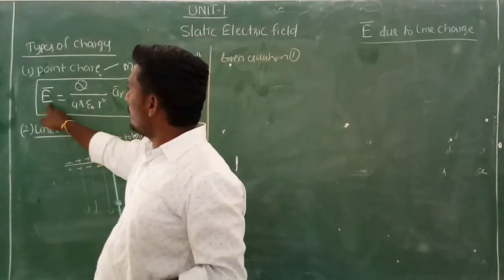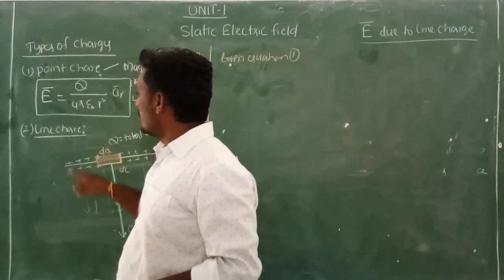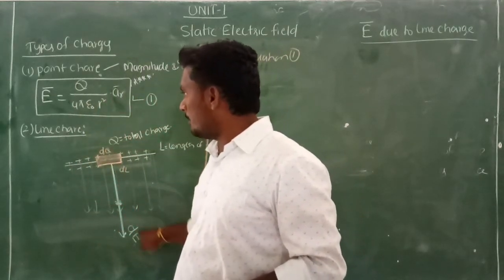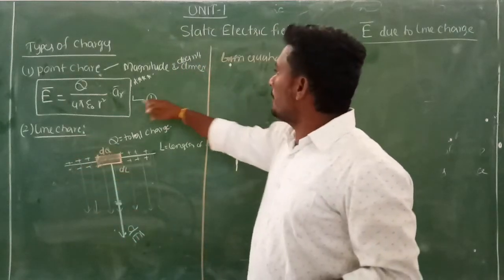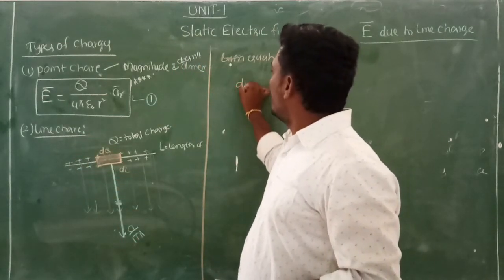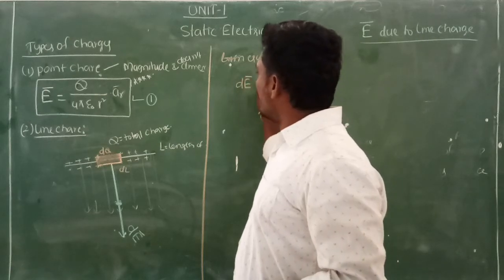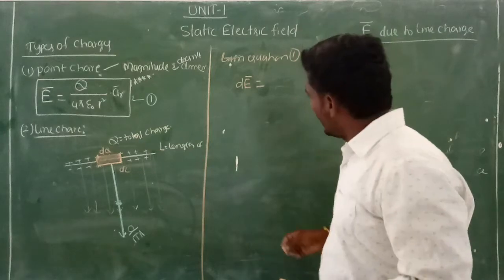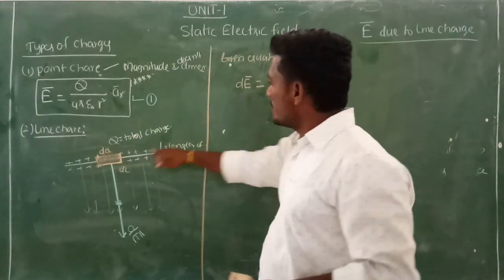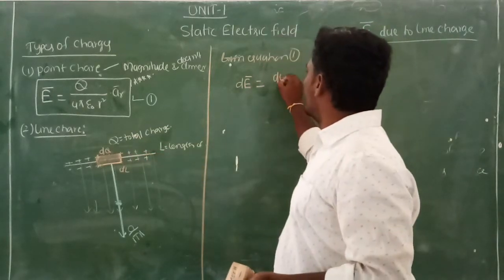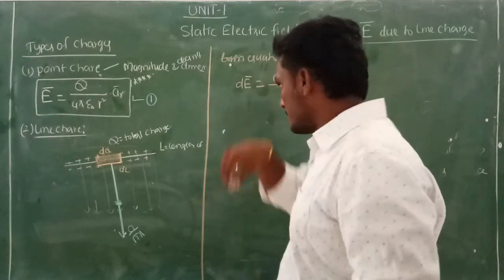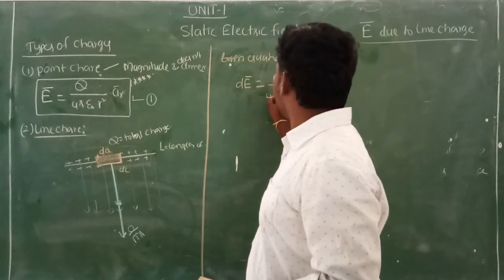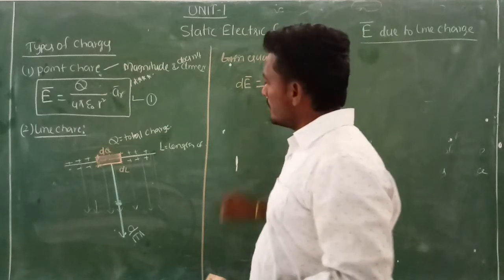In equation 1 we have E bar equal to Q by 4 pi epsilon naught, but in our explanation we have dE bar, not E bar. So I am writing dE bar is equal to, and which charge do we have to consider here, Q or dQ? It should be dQ, because there is a dQ term here. So dQ by 4 pi epsilon naught, and what is the distance?